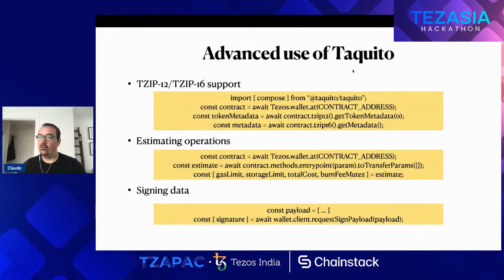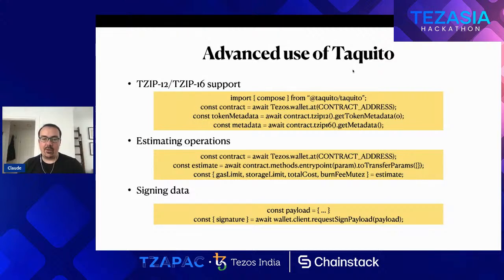But one of the goals of Taquito is to provide a Swiss knife for front-end applications and make your life as a developer easier when you need special data from the blockchain. So for example, we introduced support for tzip12 and tzip16.